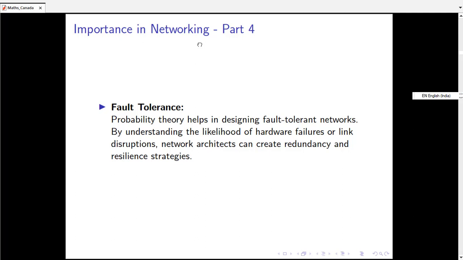For that, we have to list out the possible outcomes of hardware failures or link disruptions. Network architects can create backup plans or redundant systems. There are various strategies for fault tolerance as well.